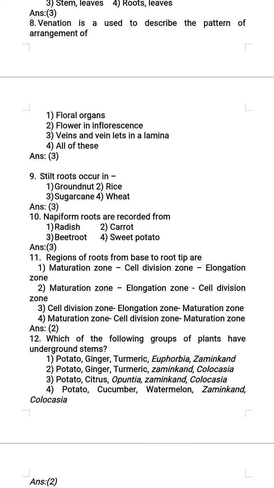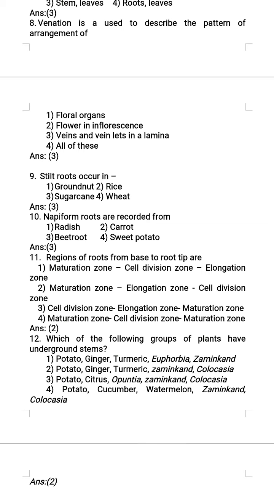Because in the sugarcane plant and maize plant, the roots which are emerging from the nodes of the stem are nothing but called adventitious roots, penetrating the soil and getting the grip from the soil. Hence those roots are called stilt roots, and basically they are adventitious roots.